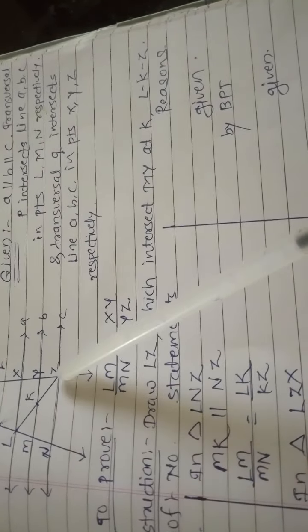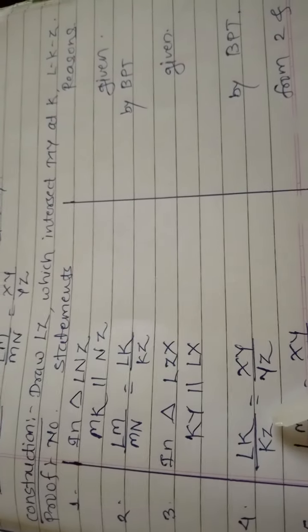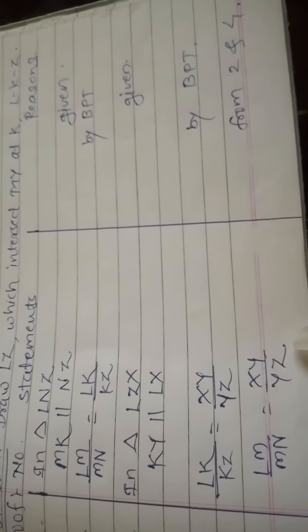LK upon KZ is equal to XY upon YZ. This one is by BPT. And since LK upon KZ is common in these two ratios, these parts are also equal. So we can write that LM upon MN is equal to XY upon YZ, which is what we had to prove.